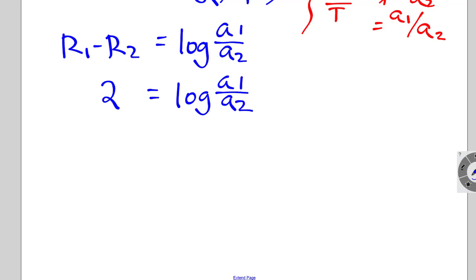This is log base 10, and so this says if I take 10 and raise it to 2, that's going to equal A1 over A2. And so what we can say is that the earthquake in India was 100 times greater than the earthquake in Greece.